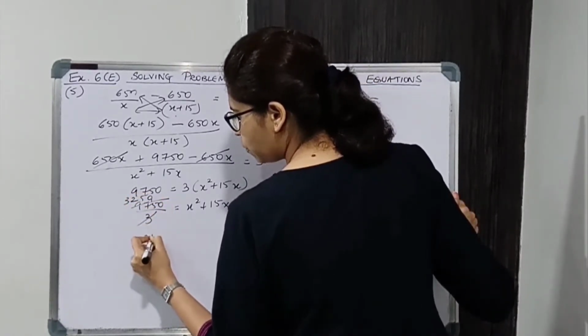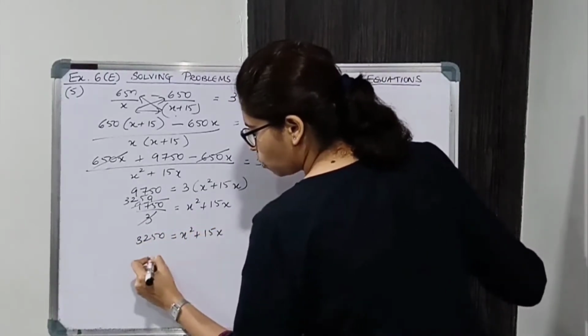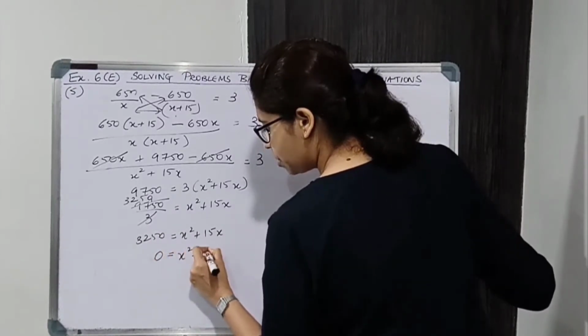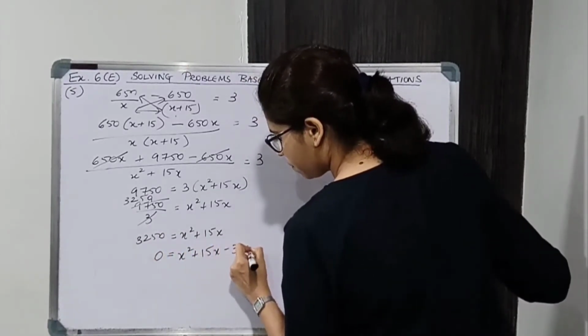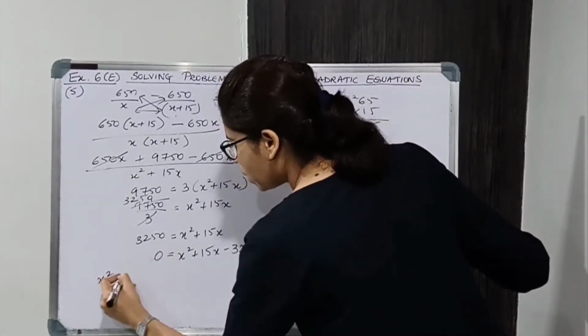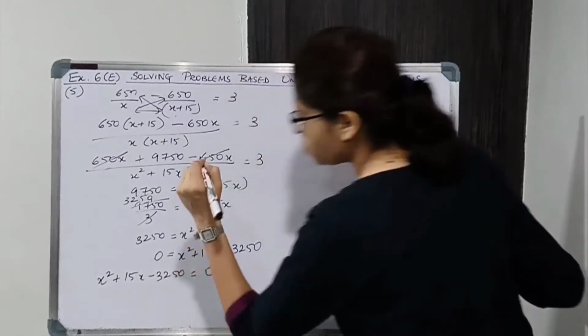So 3250 is equal to x square plus 15x. So I'll shift this on the other side. I want x square to be positive. Now switching the sides, x square plus 15x minus 3250 is equal to 0.